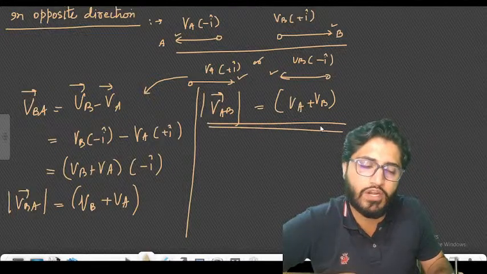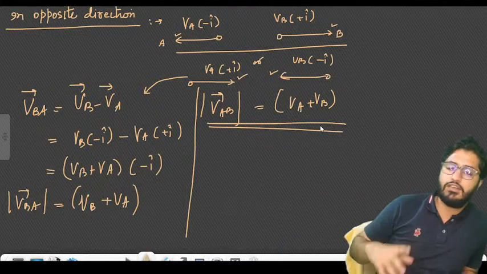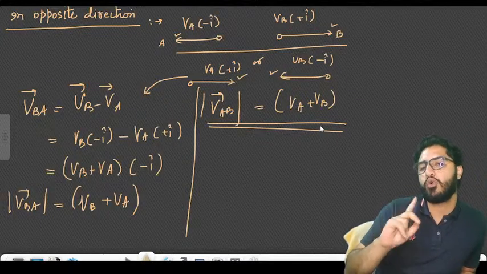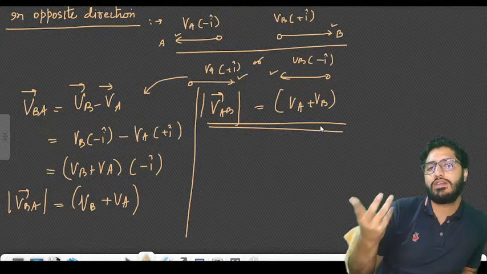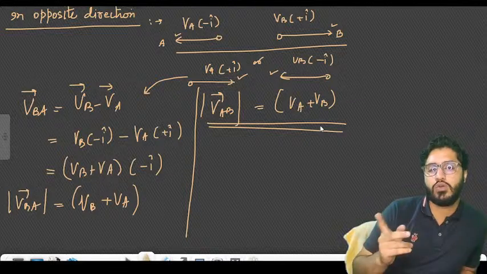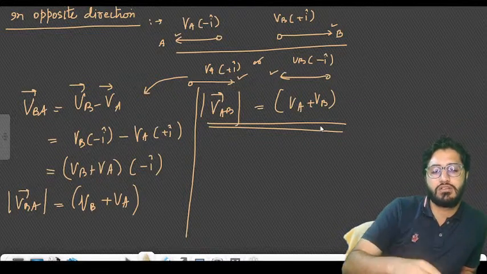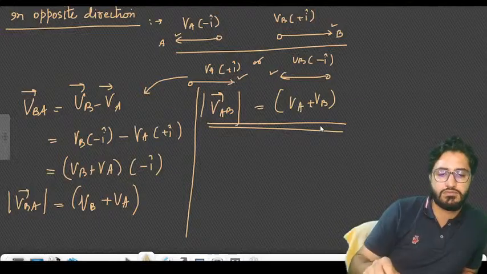So at the end, what you need to learn is that if both bodies are going opposite to each other, velocities will be added. If both are going in the same direction, velocity will be the difference.